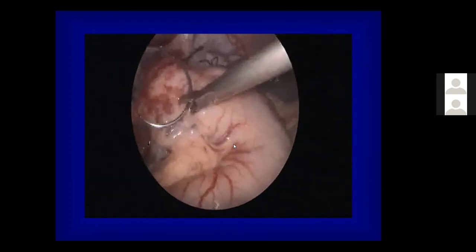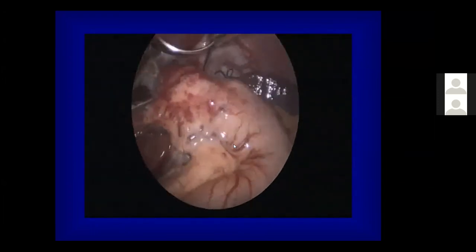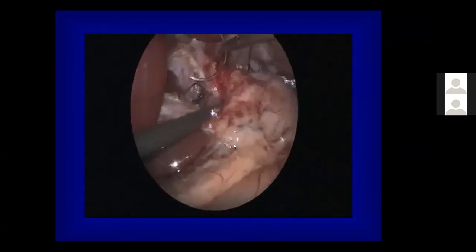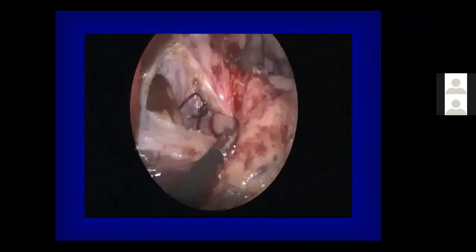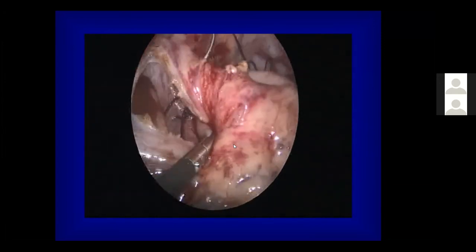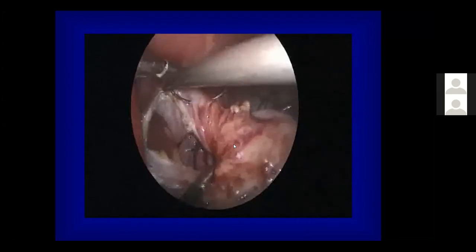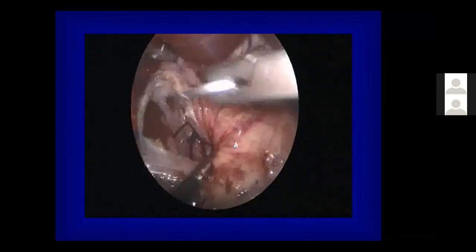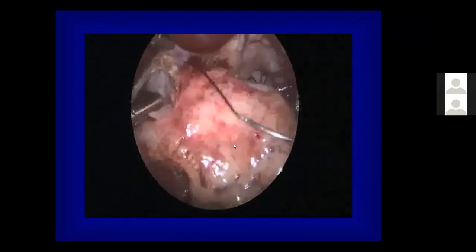And this is just to fix the orientation of the needle. Again, you really have to make sure that you are not utilizing a lot of the fundus.